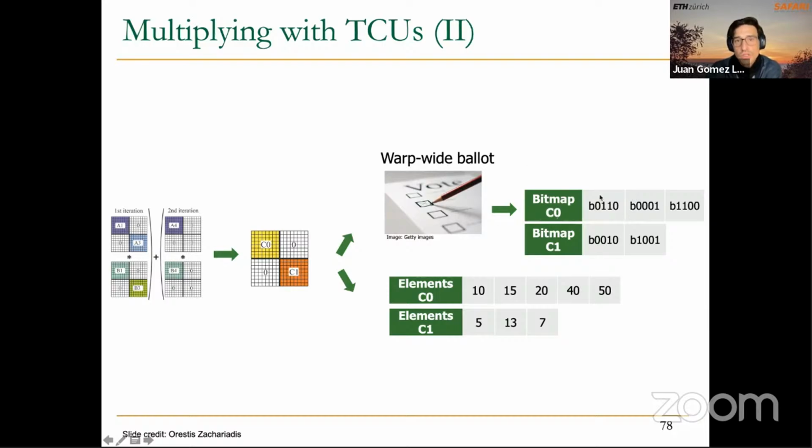The way of generating the bitmap is relatively straightforward using one of the warp-wise primitives that we already presented in a previous lecture, and that is the ballot function. So by using ballot, we can compute the bitmap for each of the tiles of the output matrix, and separately we will store the non-zero elements of the matrix as well.